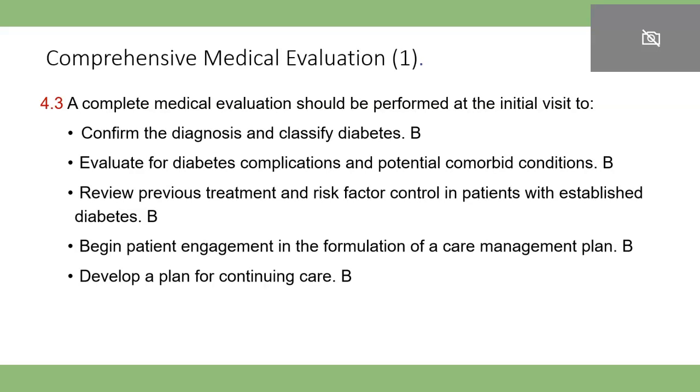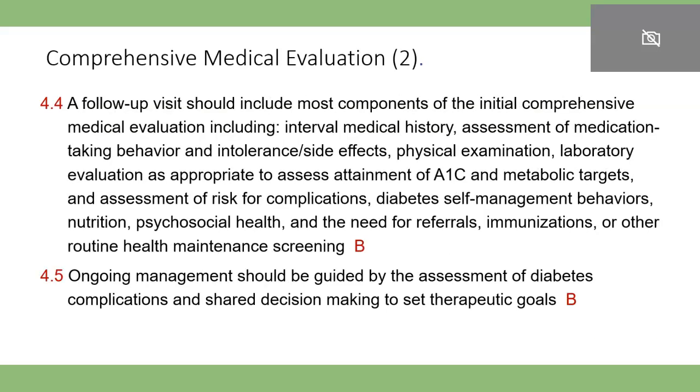Do they have any macro or microvascular complications, any other comorbid issues, high cholesterol, past hypertension history, etc. You're going to look at all the previous treatment and risk factors with already established diabetes, and you're going to talk about having a plan.